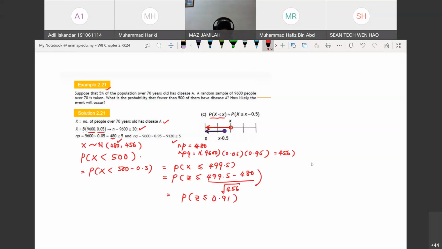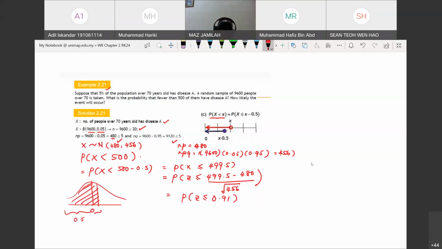In this case, you are talking about the area of 0.91, which is positive, and less than, so these are all the area. We know that half of this is 0.5, and this one uses the first concept of the standard normal table.